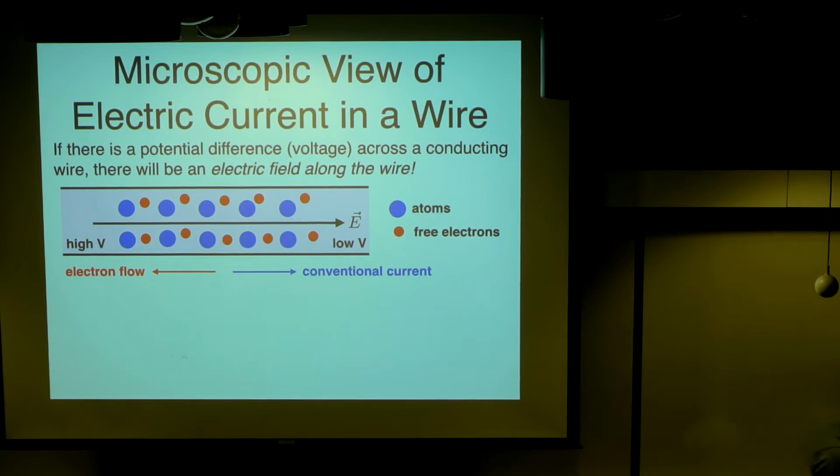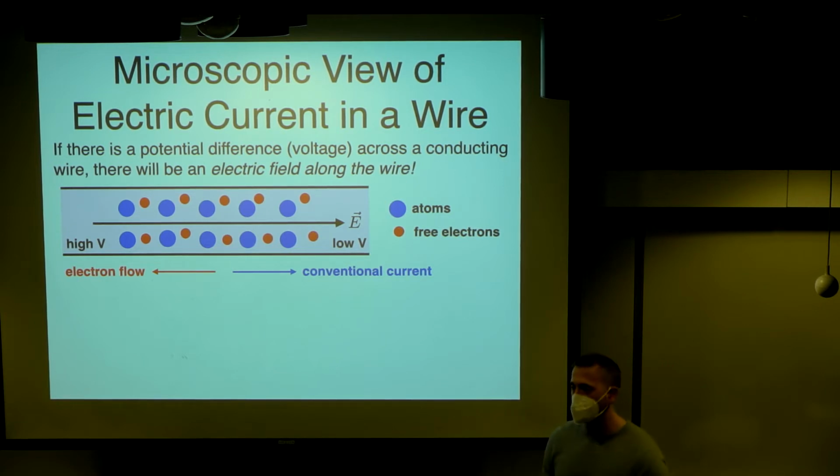But let me ask you this. Let's say we keep track of just one of these electrons and try to see how it's moving through the wire. Is it just going to move unimpeded, or is it going to start to bump into things? Yeah, it's going to have a very perilous journey going through the wire. It's going to constantly crash into atoms and other free electrons.